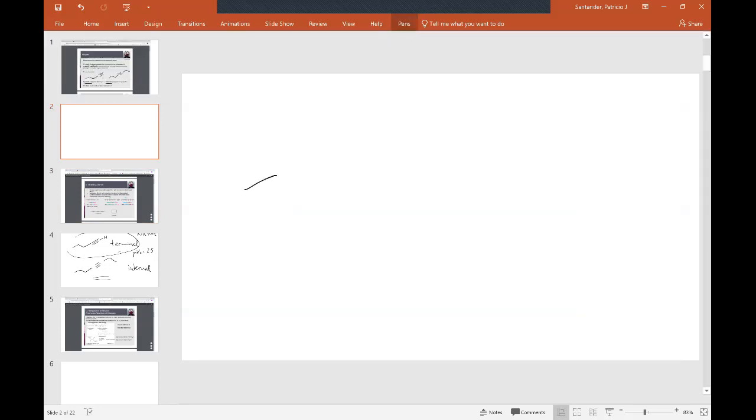Okay, so let's say you have a structure like this, and I have a couple of methyl groups here. What will be the name of this? My longest chain will be 1, 2, 3, 4, 5, 6. Because I have a triple bond, that will be hexane, but I change the ending from ane to ine, so it will be hexine.